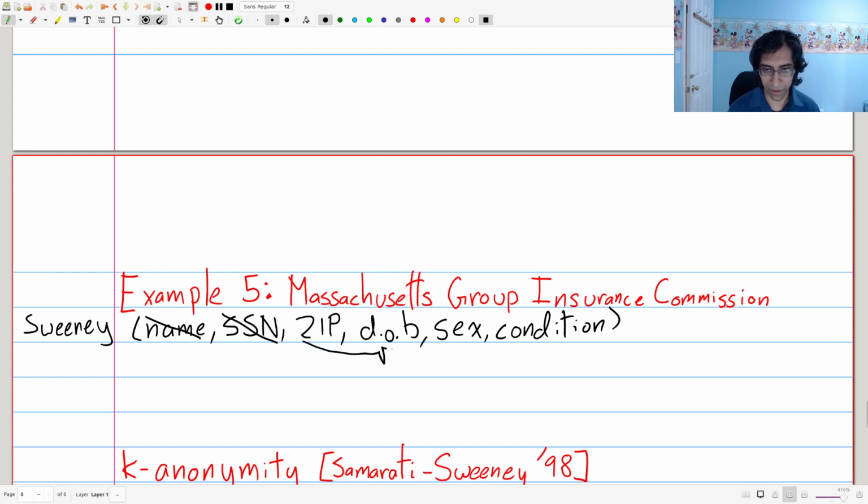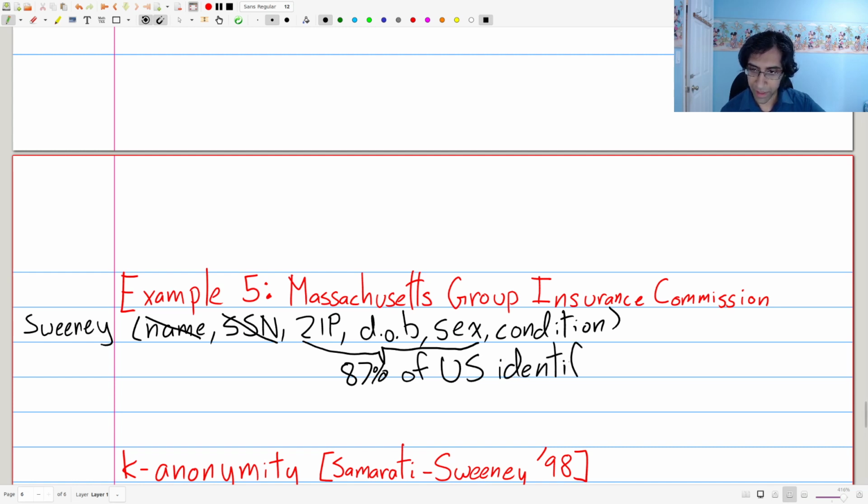This is what was formalized later by Sweeney, but essentially this identifies 87% of the United States uniquely. That is, for 87% of the population, if you take their zip code, date of birth, and sex, then there are 0 other people with that same set of pseudo-identifiers, as we'll call them.